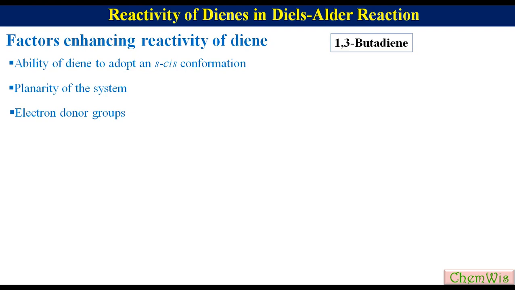This is S-trans form and this is S-cis form. S-trans means the two double bonds are trans in reference to the single bond, and S-cis means the two double bonds are cis in reference to the single bond.